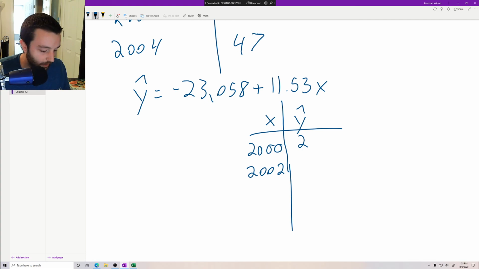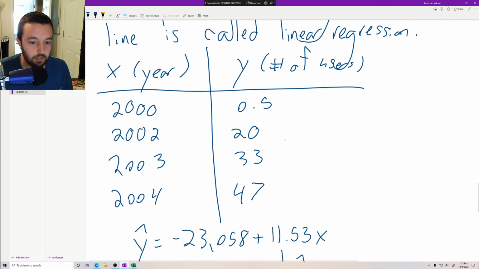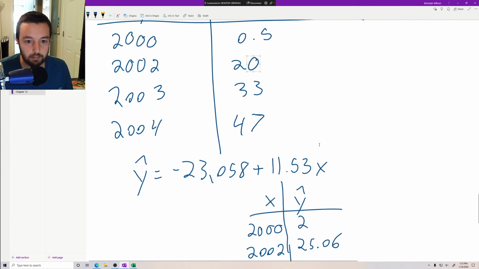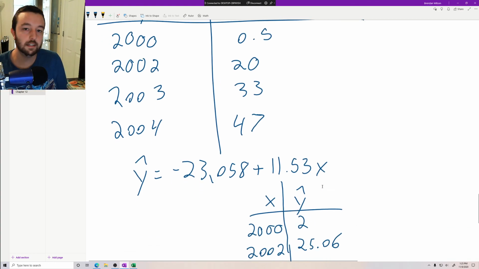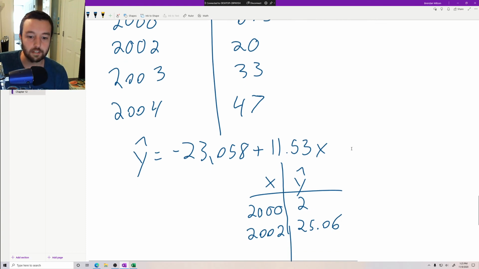It's not exact, it's not 0.5, but it's really close to it still. If we use 2002 times 11.53, and then we subtract 23,058, we get 25.06, which is close to our actual 20. So, you know, it's far off, but it's getting within a reasonable range of the actual values.